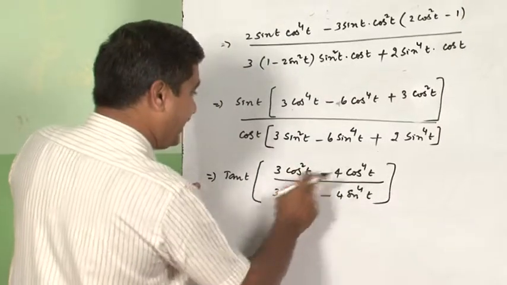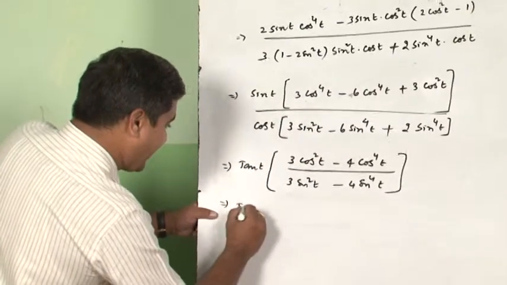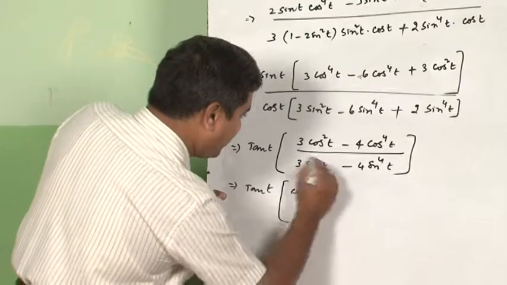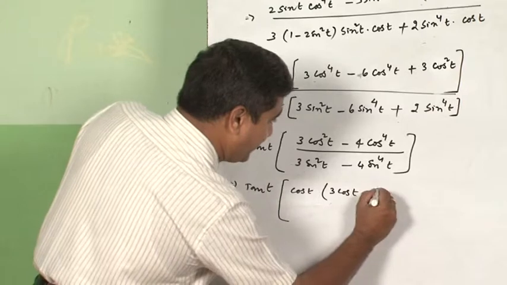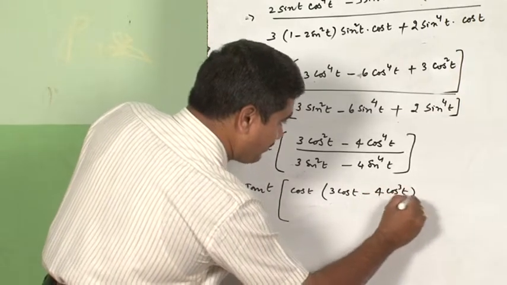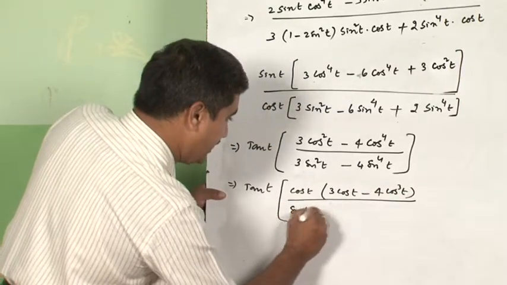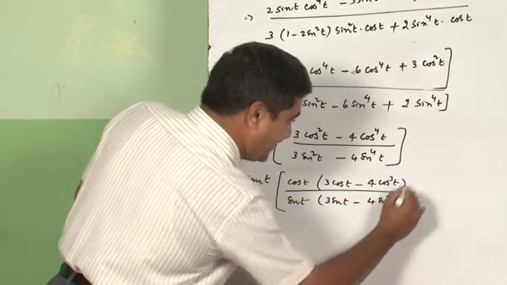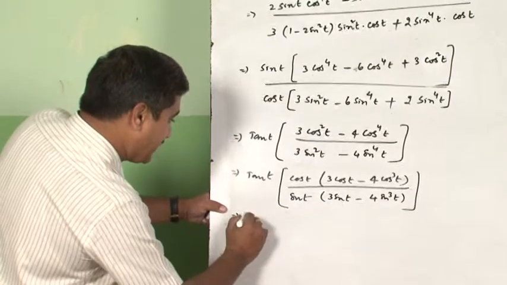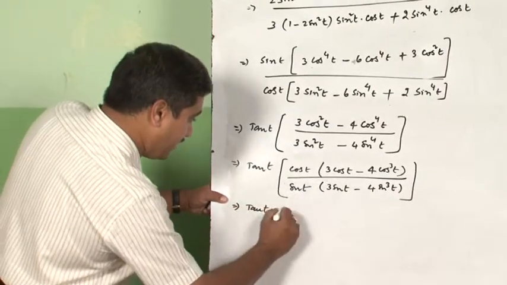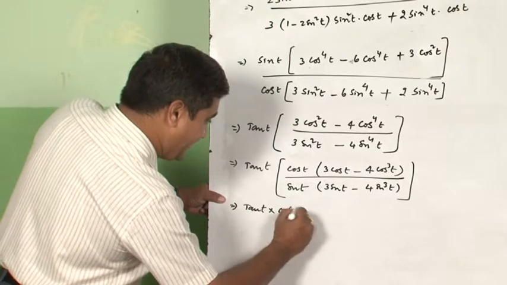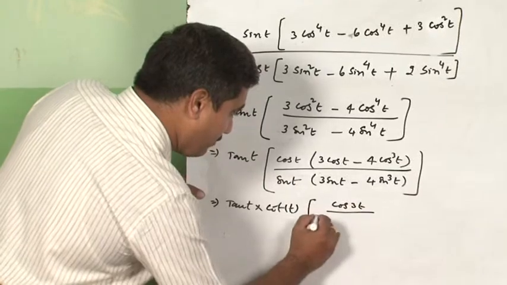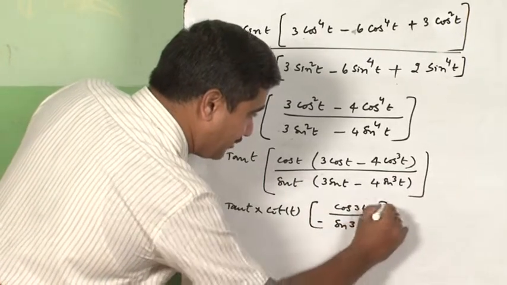From here and here I take cos and sine respectively, that is cos t is taken out: 3 cos t minus 4 cos cube t upon sine t into 3 sine t minus 4 sine cube t. Thus it results into tan t into cot t into cos 3t upon minus sine 3t.